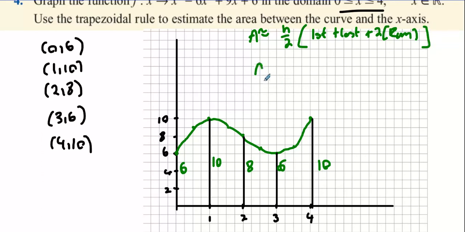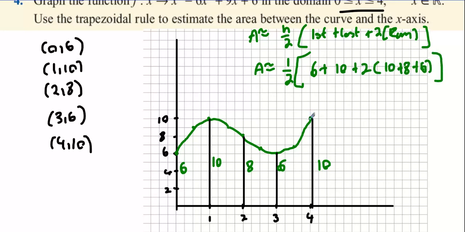So area is equal to h over 2, where the h value is 1 over 2. My first height is 6, my last height is 10, and 2 times the remaining is going to be 2 times 10 plus 8 plus 6, all in the calculator.